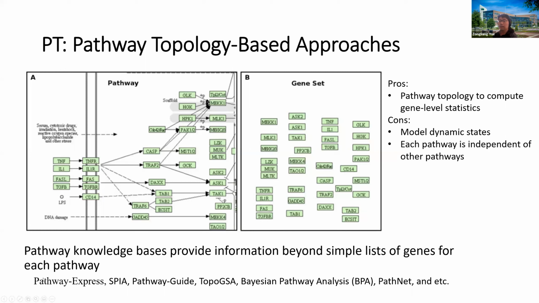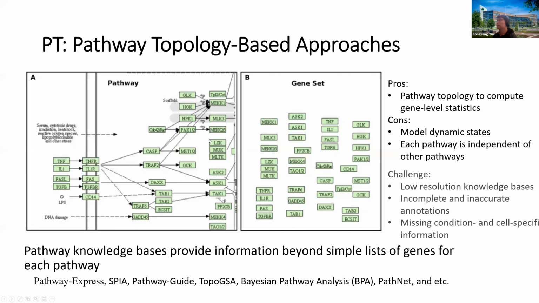This methodology has been widely used in pathway topology-based analysis. The pro is that it uses pathway topology to compute gene-level statistics. The con is modeling dynamic states: current annotation lacks this dynamic, and each pathway is still independent of the other pathways in this topology-based approach.